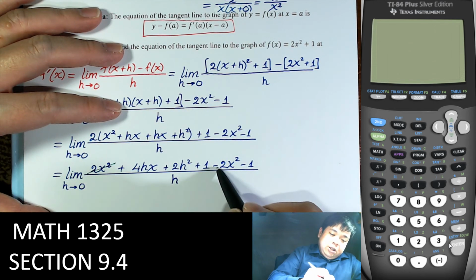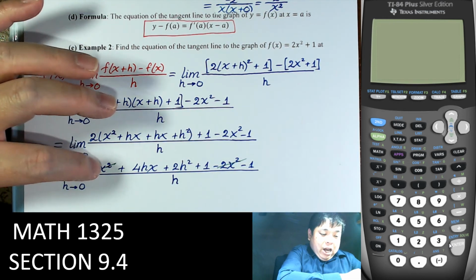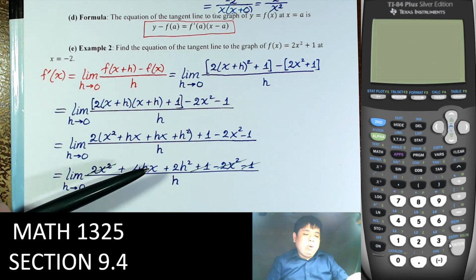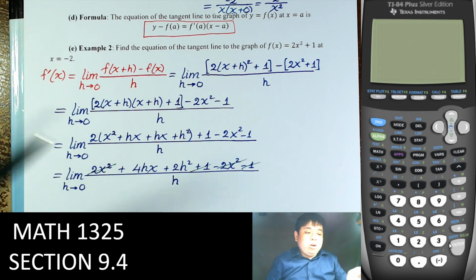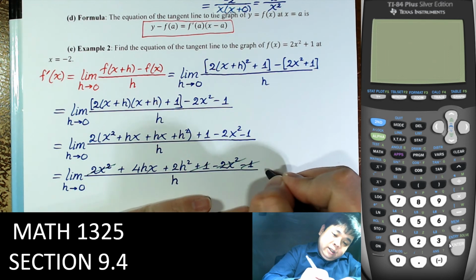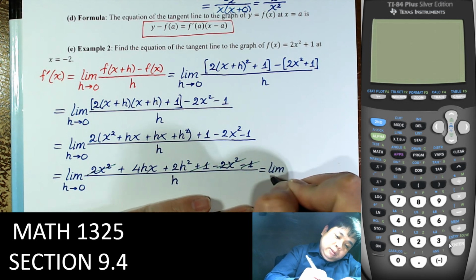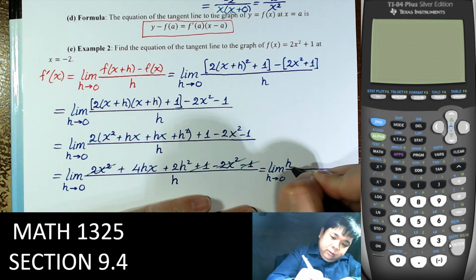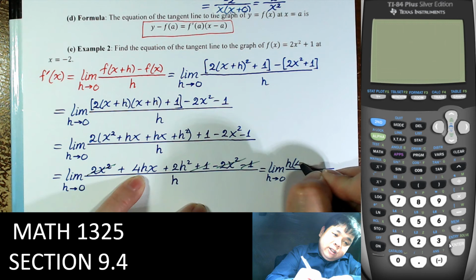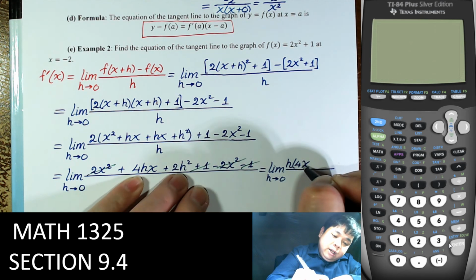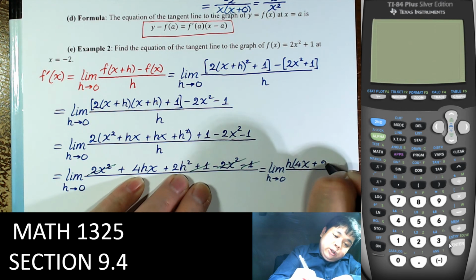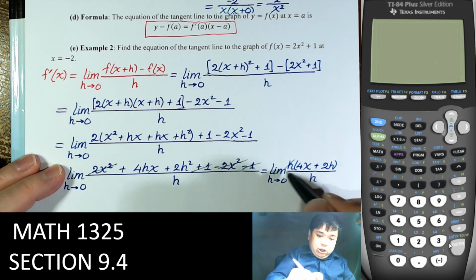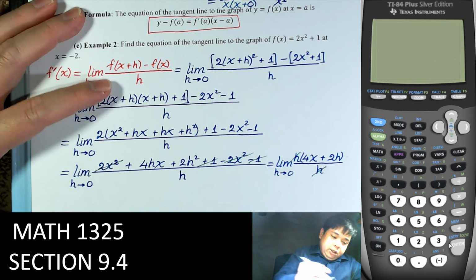The 2x squared, because that does not have an h, should cancel with something, just like the 1. So that's all we have. Both of them have h, so factor out the h. So we have 4x plus 2h over h. Cancel out the h and the h. We have 4x plus 2h.